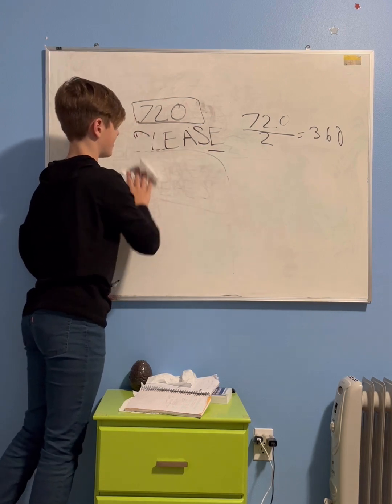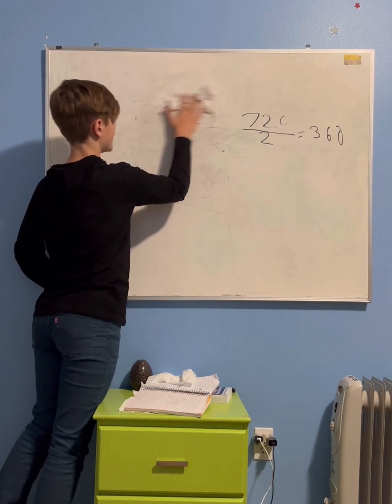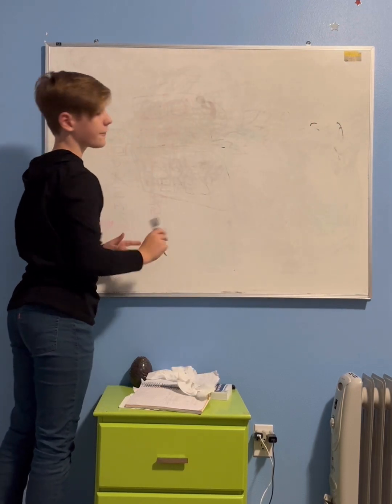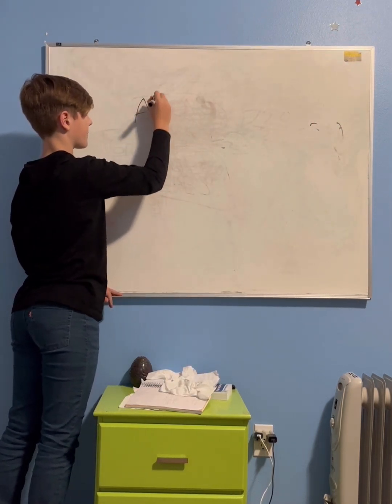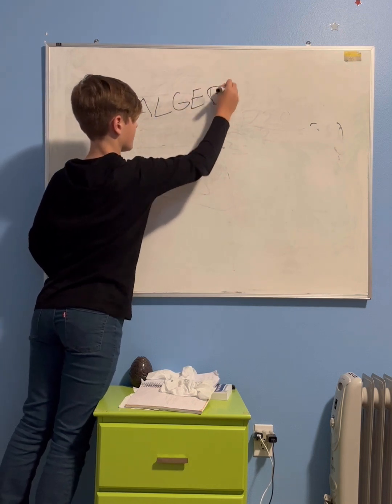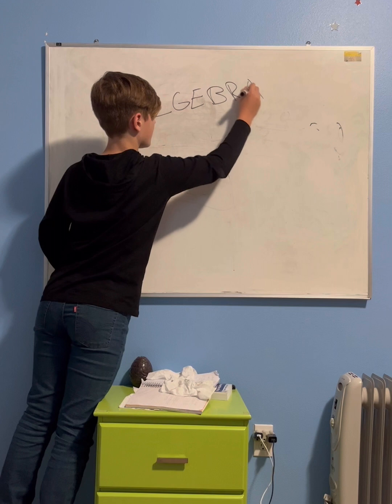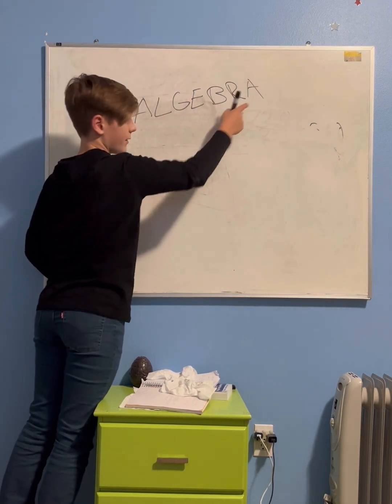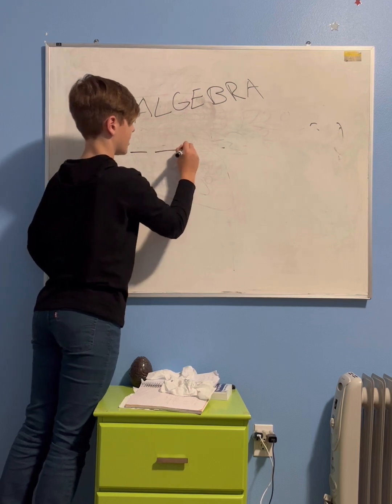Now, as we can use basic factorials, we'll do one last problem that will be a little harder. Let's think of the word algebra. This has 1, 2, 3, 4, 5, 6, 7 letters, so we'll do 7 underlines.